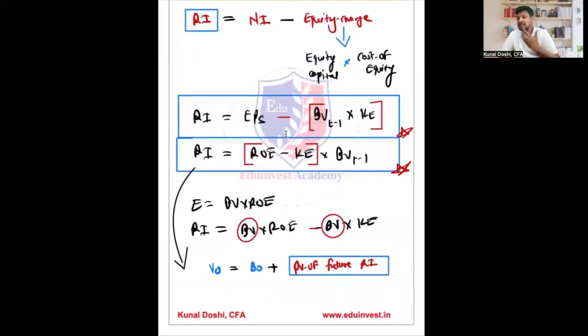Where we have earnings minus the book value into the cost of equity. So that is our equity charge. Clear? This is our equity charge. Got it? Everyone? So residual income valuation, very important. But as I said, there is a high chance in exam, they might probably blend multiple things together. Got it? So let's do that.